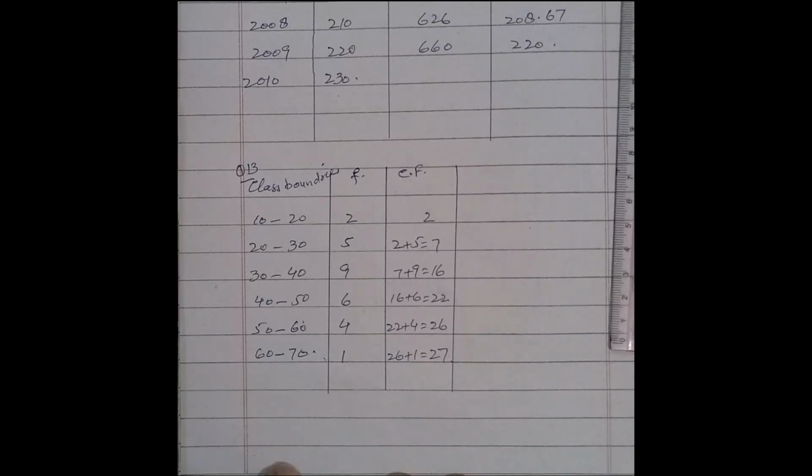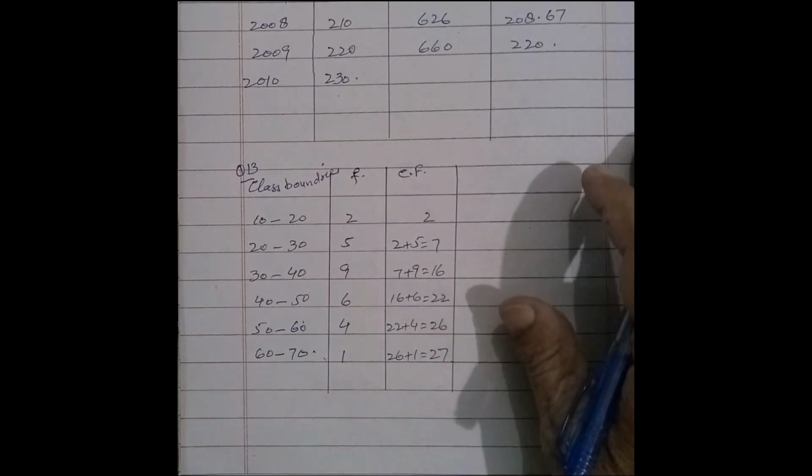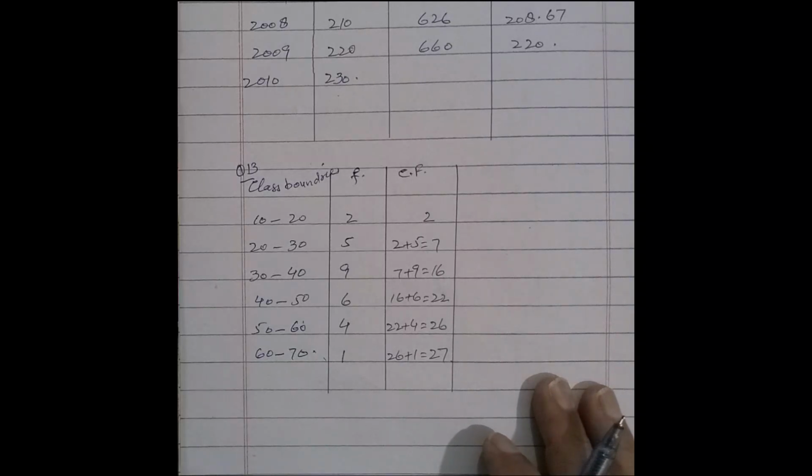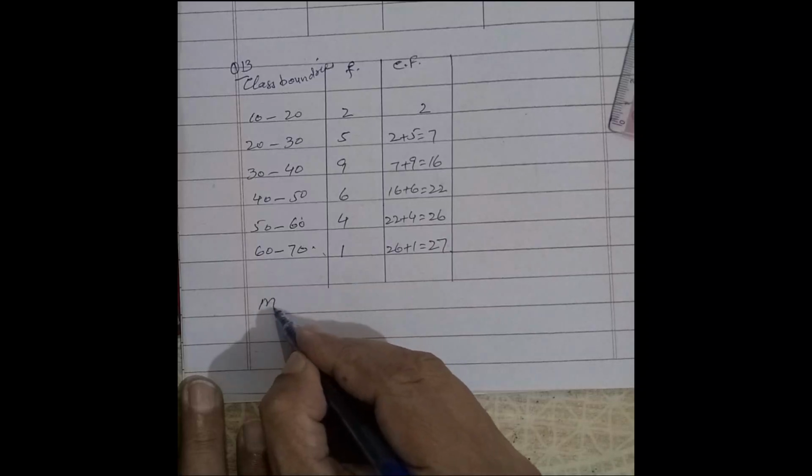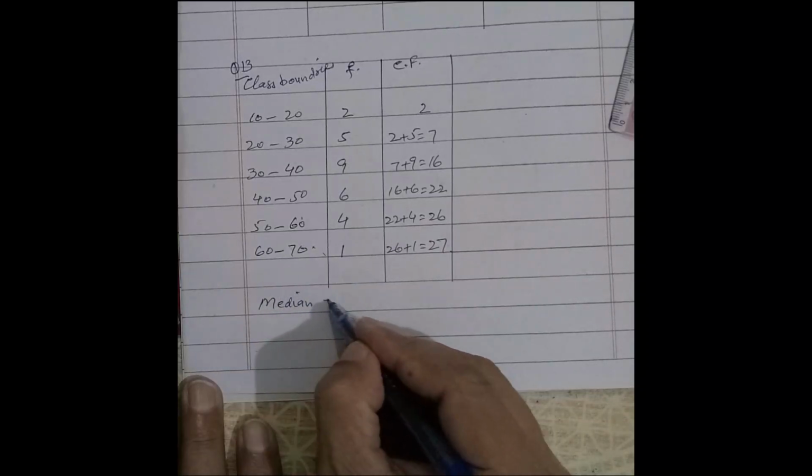And now we find the median and quartiles by using the cumulative frequency polygon, and the mode using the histogram. So we first find the value of the median using the formula.